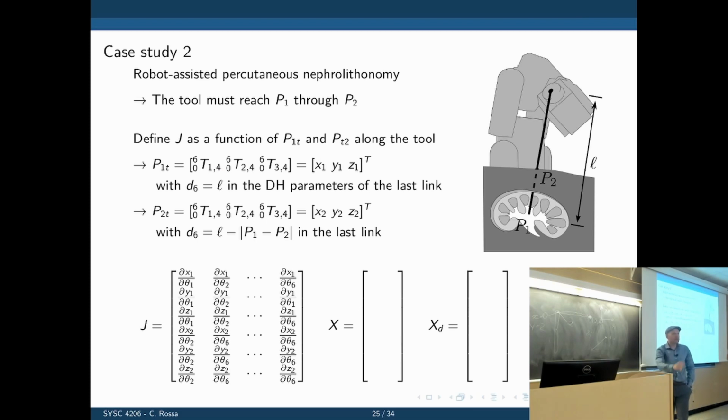Instead of specifying the position and the orientation, I could always say, go to P1 following that specific orientation. It's easy to calculate a vector along that line. So we know where P2 is. So can we now say there are 2 points along the tool of the robot, and I want these 2 points to be in these 2 specific positions.